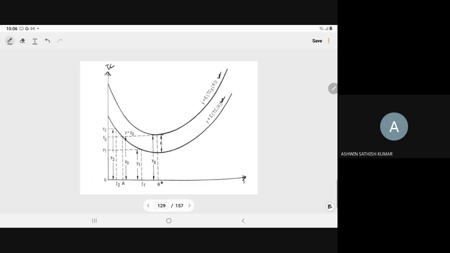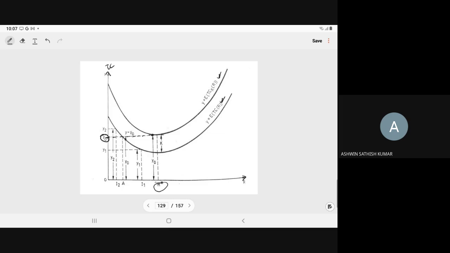You can see both are convex with respect to R, and ETCK is K units above ETC. At R star, both graphs are at their minimum. If you take a horizontal line parallel to the x axis, it crosses the y axis at y naught, so the height will be y naught.